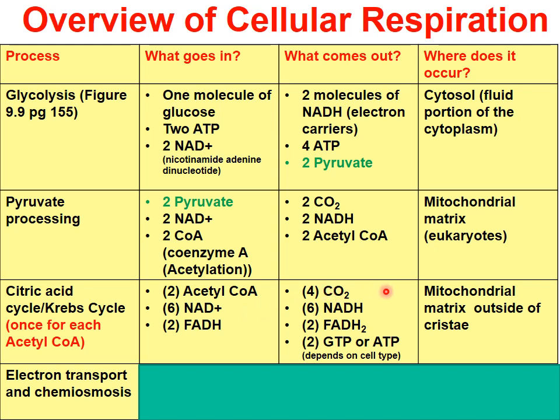What comes out is 4 carbon dioxides, 6 NADHs, 2 FADH2s, and 2 either GTP or ATP being produced, depending on whether it's a muscle or a liver cell. And this process happens within the mitochondrial matrix, much like pyruvate processing, but outside of the cristae. You should remember what the cristae are within a mitochondrion.